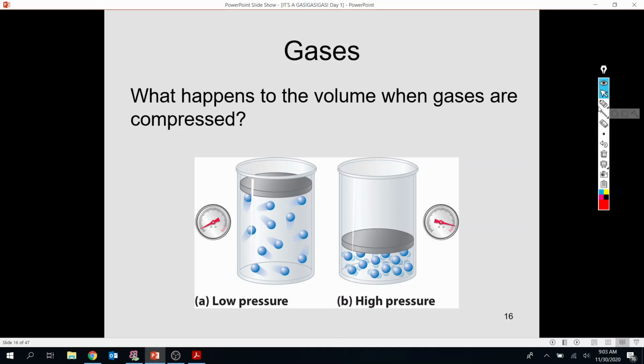And maybe let's write less frequent collisions, less force. Okay, so I'll write that along with you. Less frequent collisions equals less force. All right? And then over here, write that more frequent collisions will mean more force. All right?